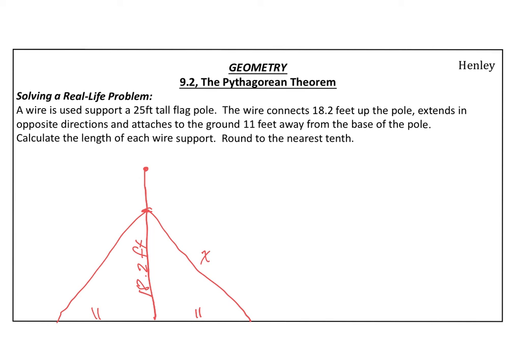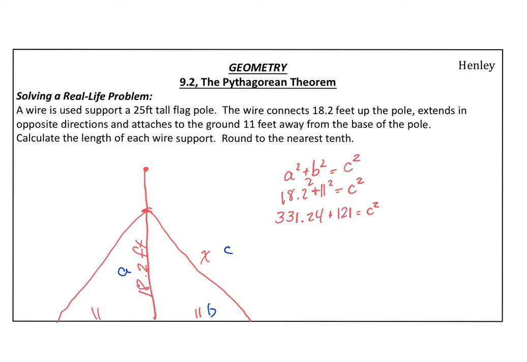So we use the Pythagorean Theorem. A squared plus B squared equals C squared. We're going to make A this side, we're going to make B this side, and this one is C. So we have 18.2 squared plus 11 squared equals C squared. 18.2 squared is 331.24 plus 121 equals C squared, or x squared.